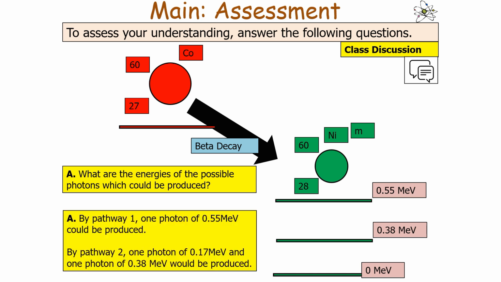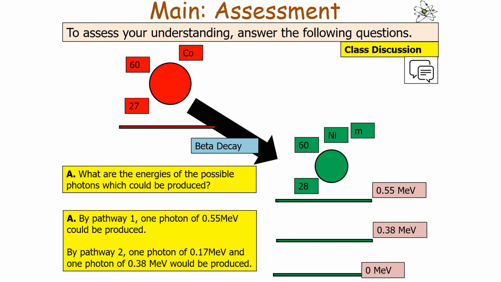Well, by pathway 1, you would have one photon of 0.55 MeV being produced, because that's the difference between the excited state and the ground state, whilst in pathway 2, you'd have one photon of 0.17 MeV, which is the difference between 0.55 MeV and 0.38 MeV, and you'd have one photon of 0.38 MeV, which is the difference between the 0.38 MeV level and the 0 MeV level.